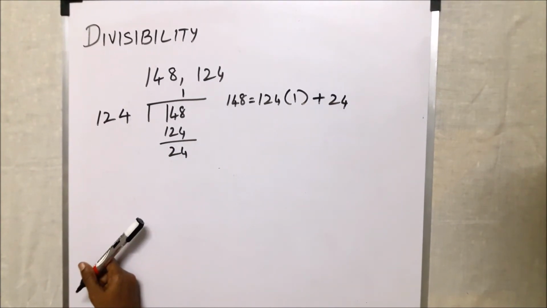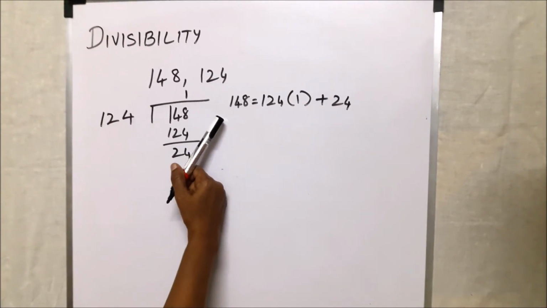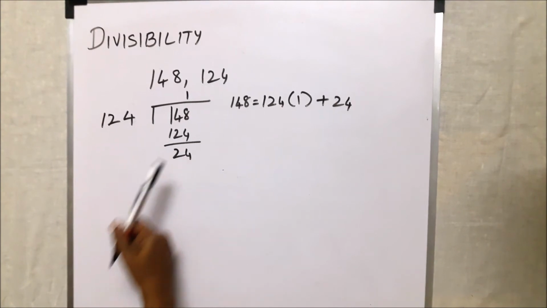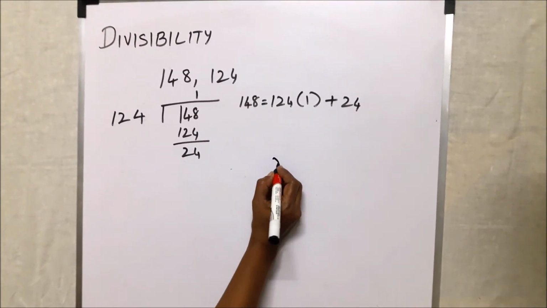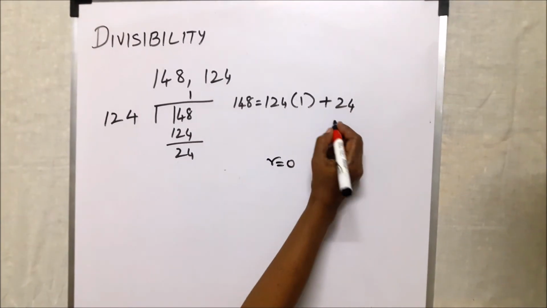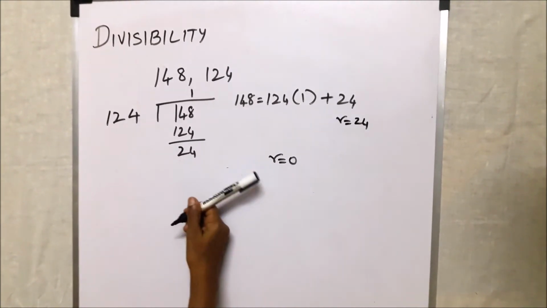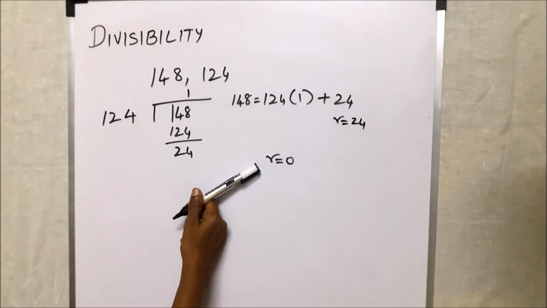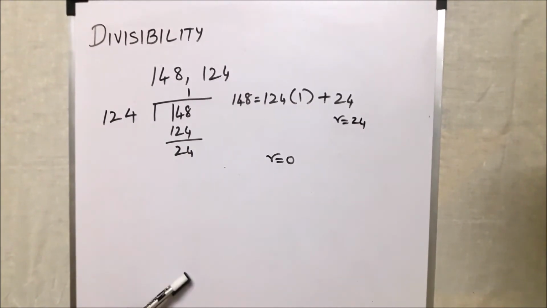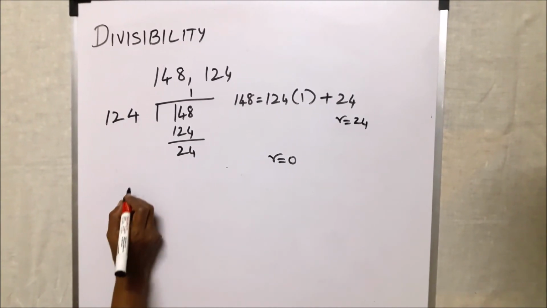Now what's the next step? We have to continue the same process until we get r equal to 0. Here r is equal to 24.